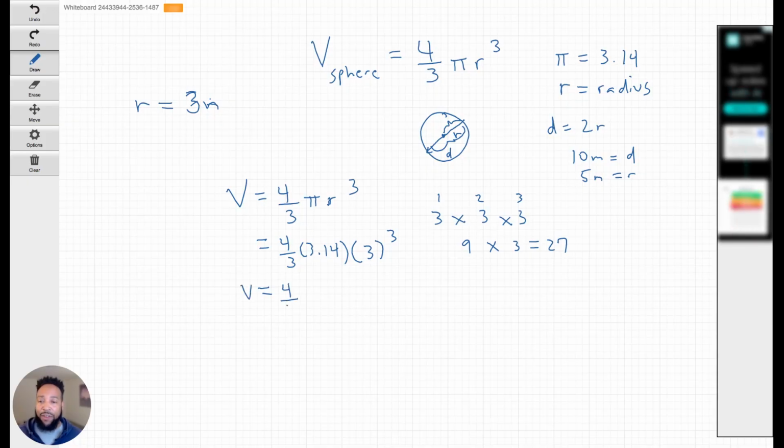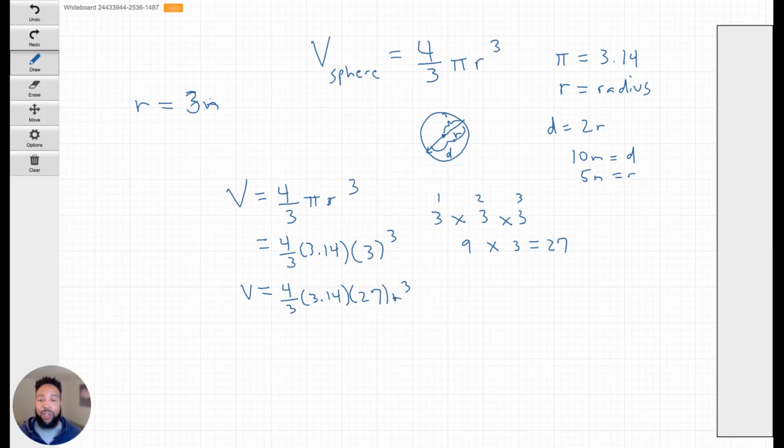Volume for a sphere equals 4/3 times 3.14, which is our pi, times 27. And we know that that's going to be meters cubed, but we're just using the number right now. The reason why that is meters cubed is because the original unit was in meters.